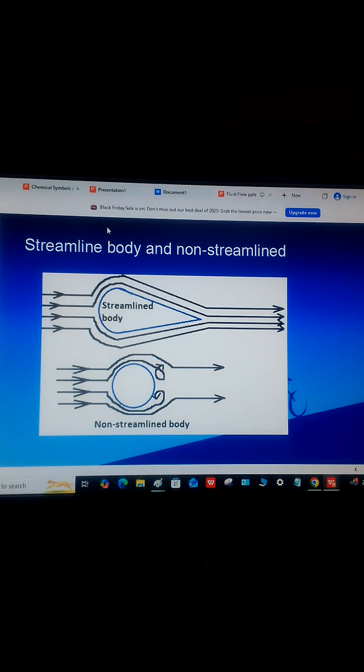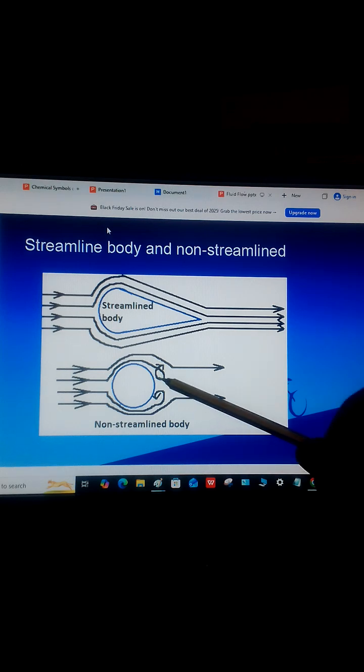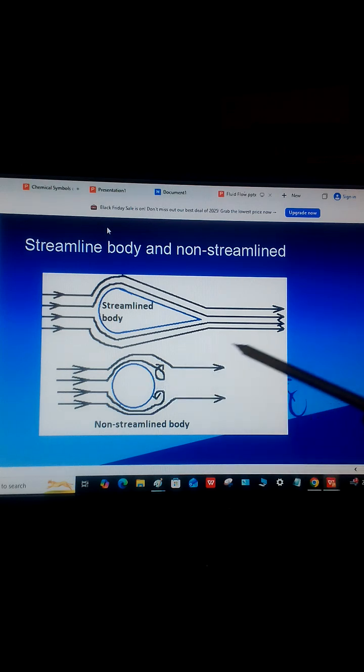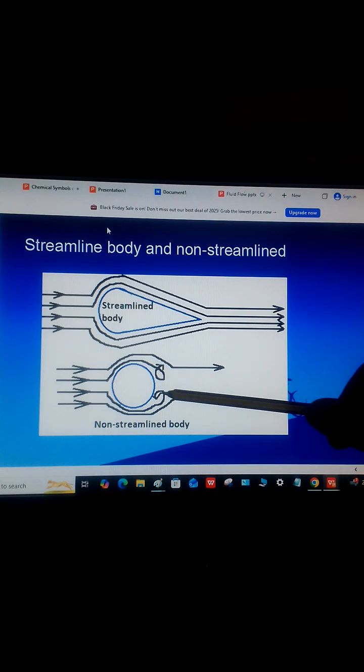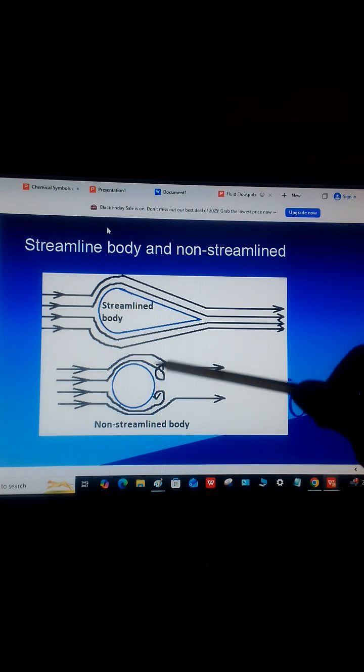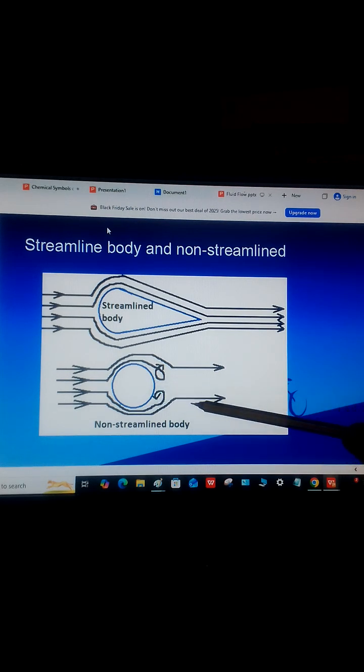Bodies which are not streamlined and are moving in fluids, they cause eddies or turbulence in the fluid. So, for example, this is a body which is moving in a fluid. So it causes eddies. These are eddies or turbulence. They do cause eddies or turbulence in the fluid because they are not streamlined.